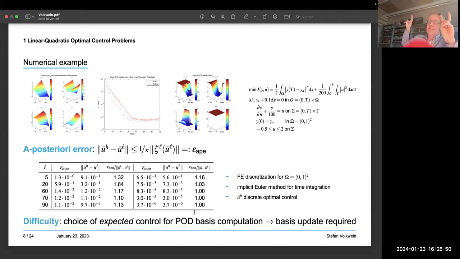So which means the ideal case. What do we observe? Yeah, of course, as the a priori analysis says to us, if you have the optimal state, the optimal adjoint in the snapshots, you are in the best situation. And that is what you see here. Also for 60 basis functions, also for 20 basis functions, the efficiency is more or less 1, which means the error estimator reflects exactly the behavior of the error.